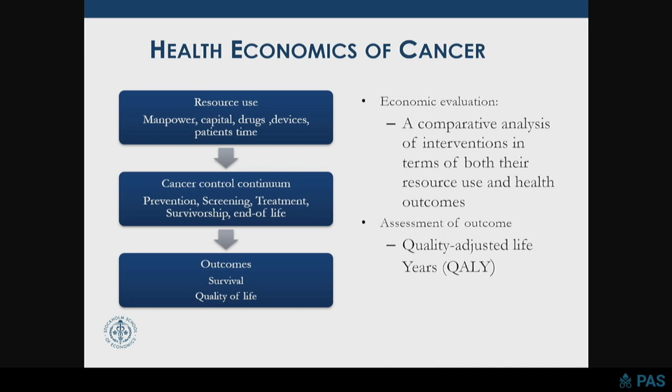And sometimes it's very easy to see if something is cost effective. If we can do 5 sessions of radiotherapy instead of 10, and we have the same outcome, that's rather easy to see that that's an improvement, both in terms of cost effectiveness and also for the patient.